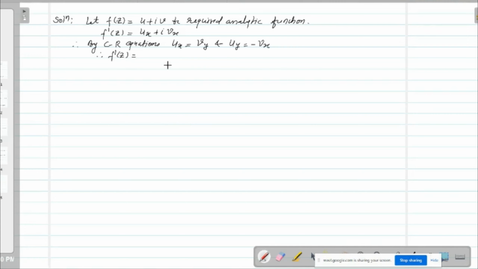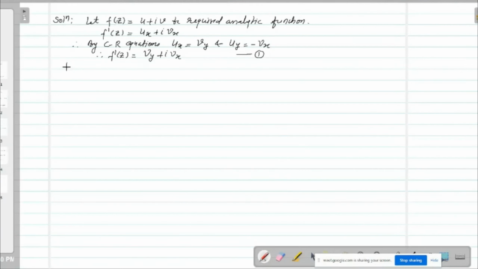Here the imaginary part is given, so we will remove the real part. Instead of ux we write vy, and plus i times vx as it is. Name this equation number 1.